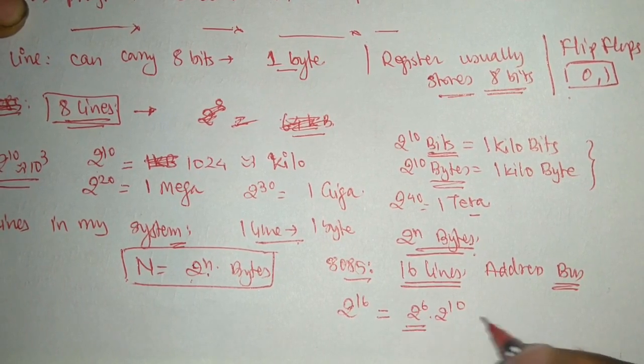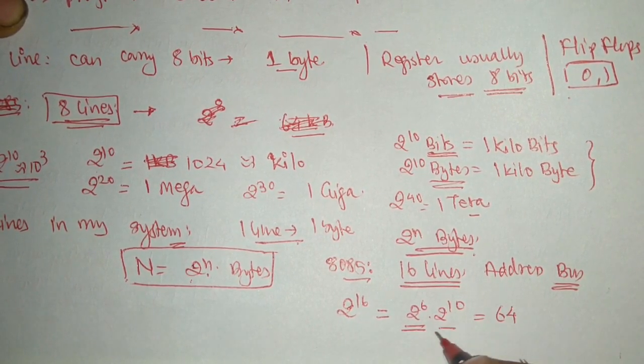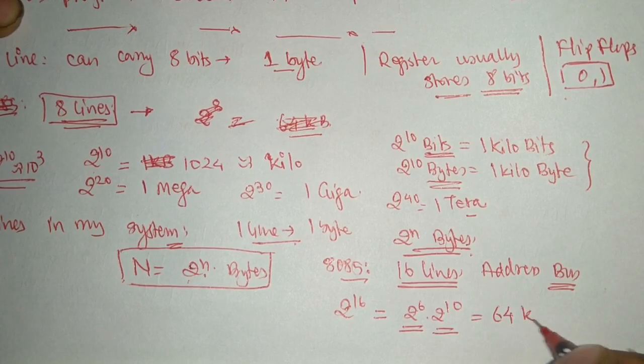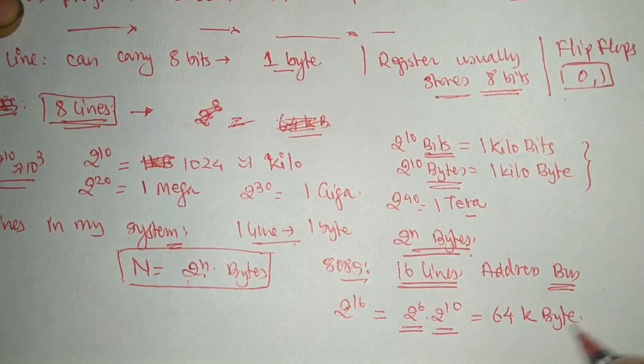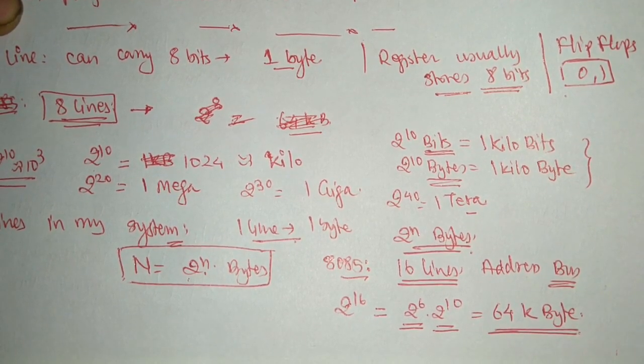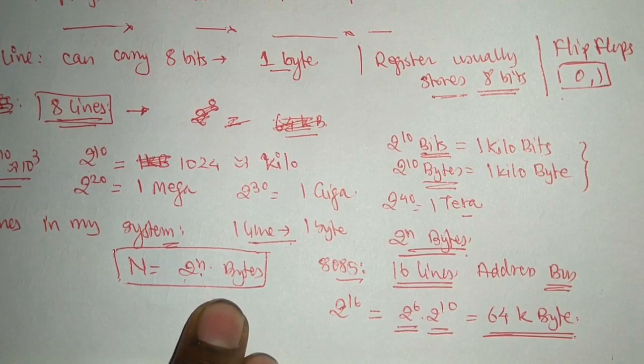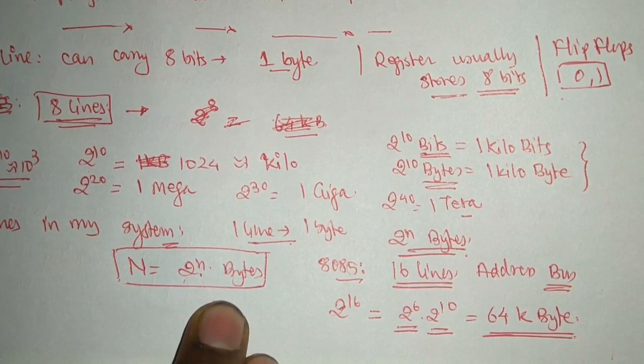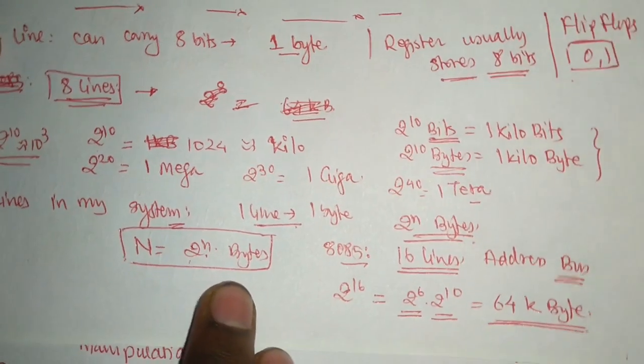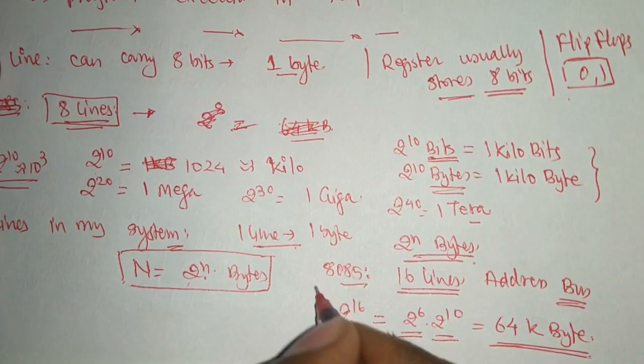Now what is 2 raised to power 6? It is 64. And 2 raised to power 10 is our kilo, and this is byte. So 64 kilobyte is the memory of our 8085 microprocessor.